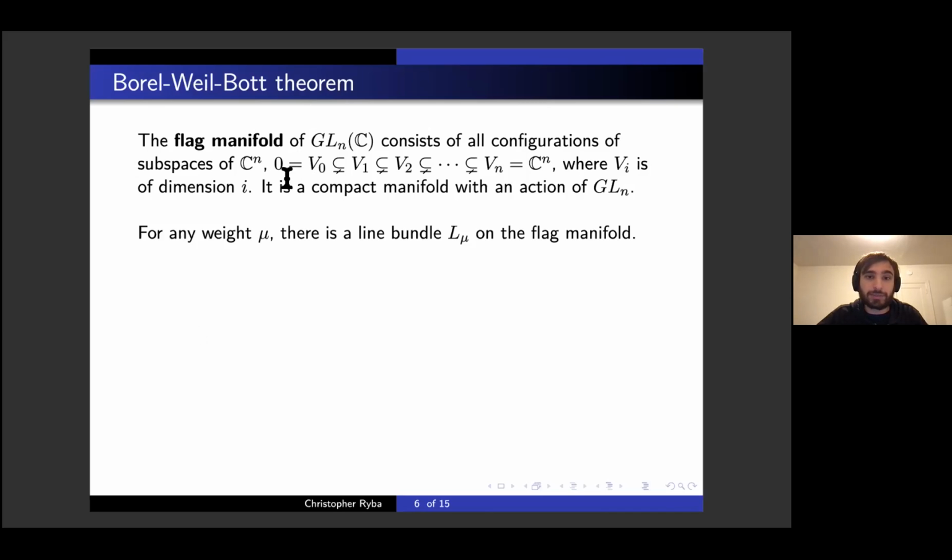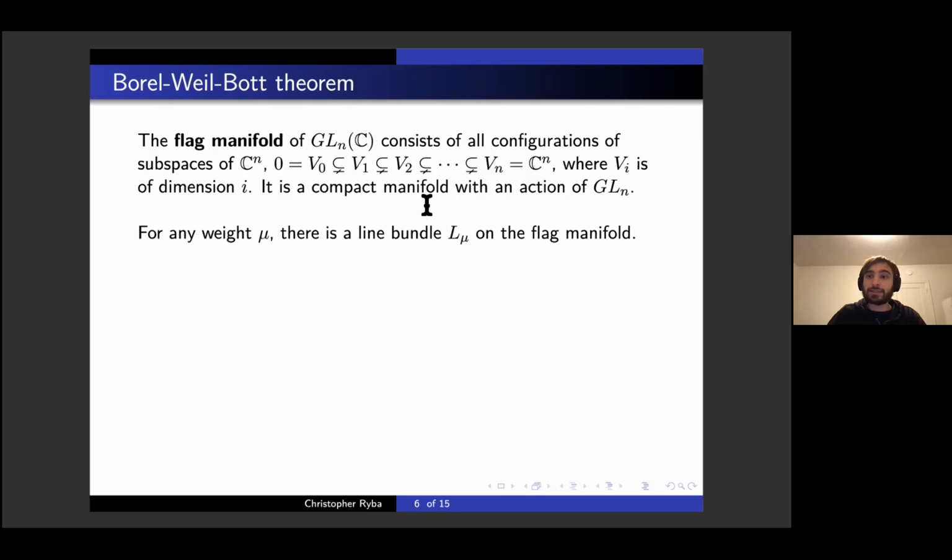So I start off with the 0 subspace, and I ask for that to be contained inside a subspace of dimension 1, and ask for that to be contained inside a subspace of dimension 2, and so forth. So such a configuration of subspaces is called a flag, and the set of all of such flags is the flag manifold. It turns out to be compact, and it also has an action of the general linear group.